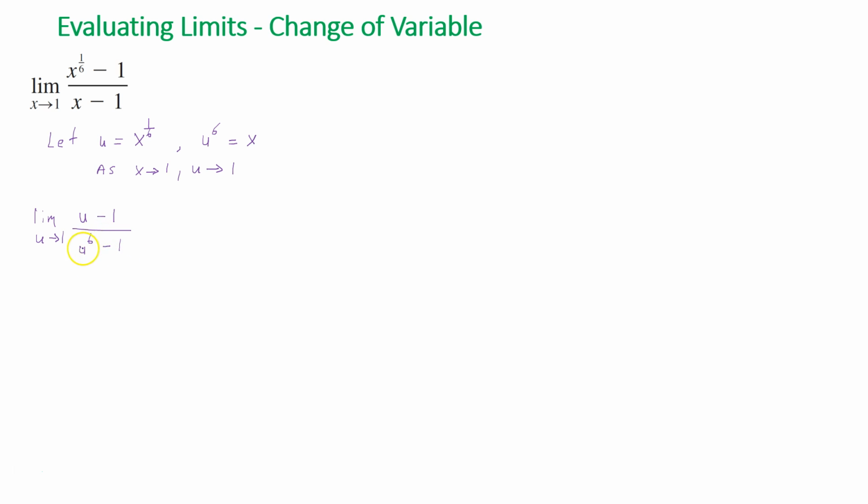And so you may notice that this is a difference of cubes. Just a reminder that the formula for a difference of cubes is a cubed minus b cubed equals a minus b times a squared plus ab plus b squared.